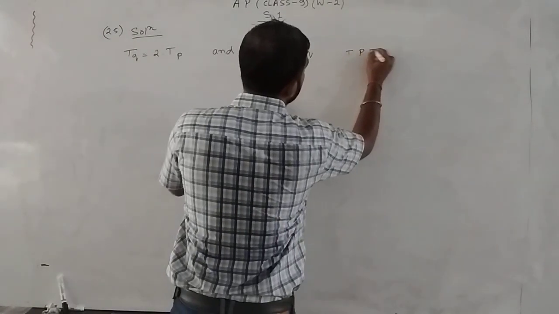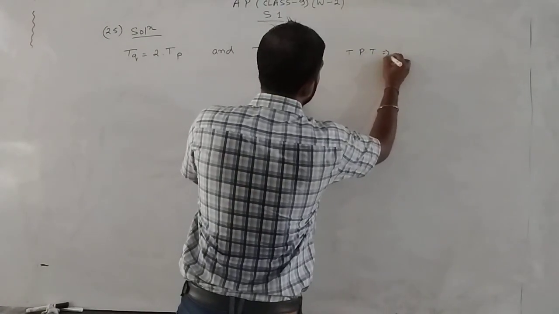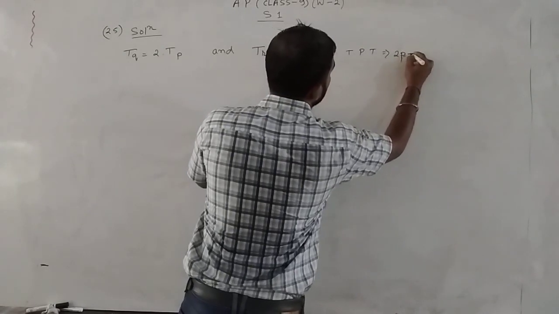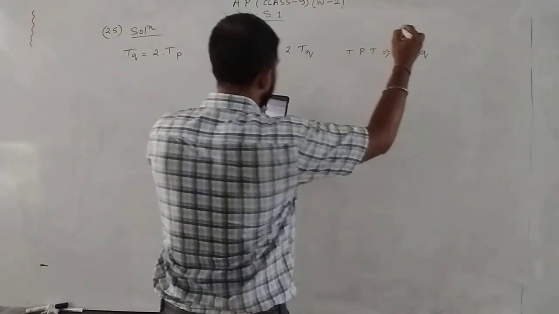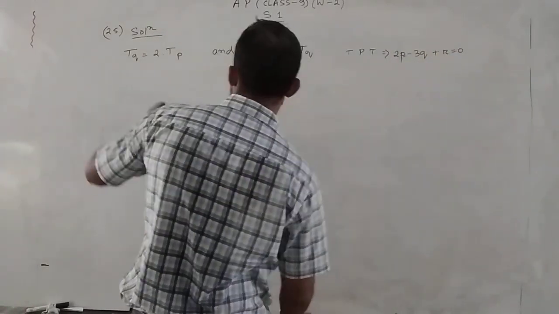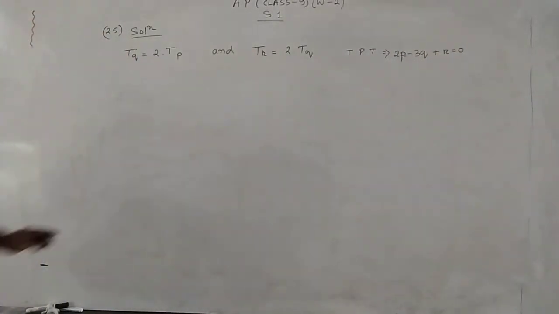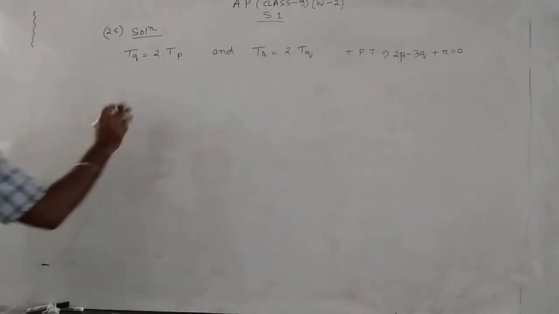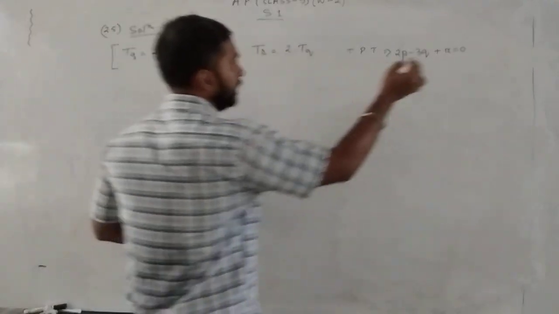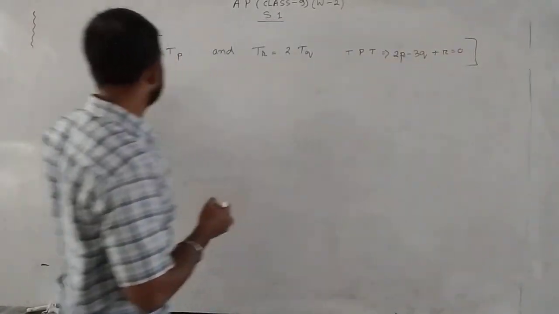To prove that twice p minus 3q plus r equal 0. These are the given conditions and that is what we have to prove. Actually the solution starts from here.